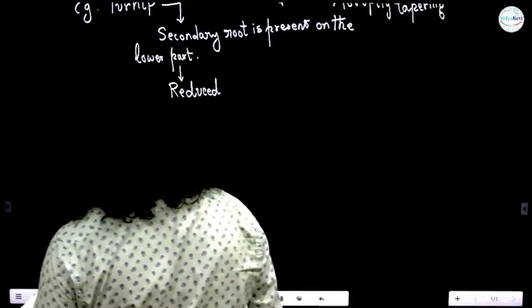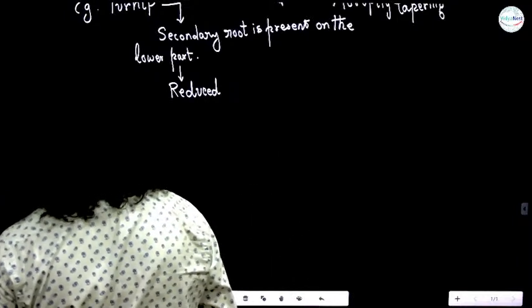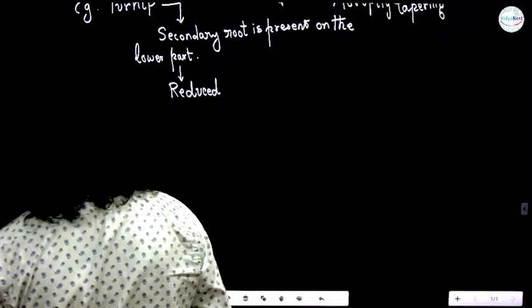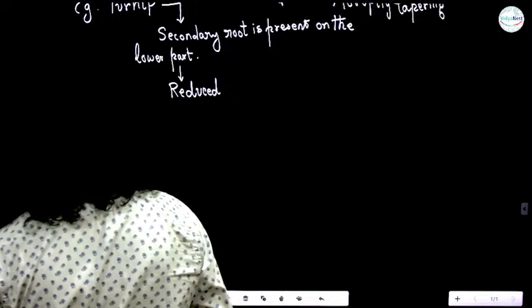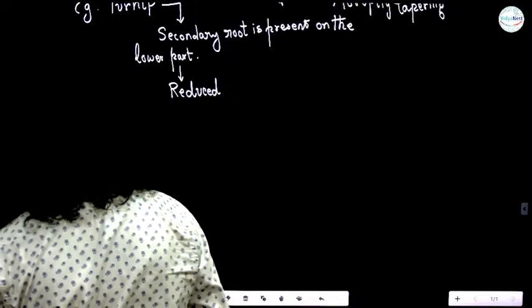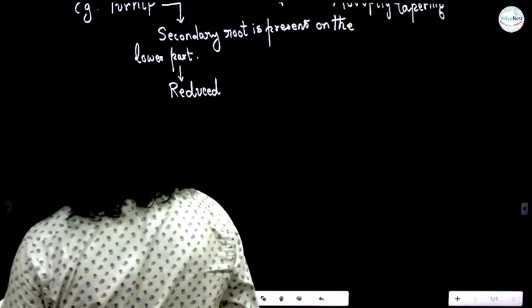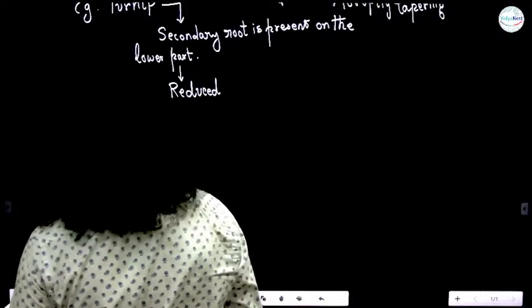So in case of fusiform along with napiform, the roots along with the primary root, the part involved in the storage is the hypocotyl.